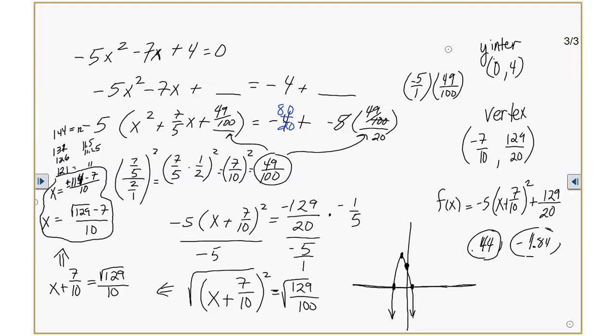Well, anytime you take the square root, right here, you have to have a positive and a negative number. I guess I get confused when you've got the 129 over 100 and then you drop it to a 10. That throws me off every time. That's because if you've got everything under one radical, you can put one radical over 129 and another radical over 100. Will that happen every time? Yes, because what are you doing? You're completing the square.